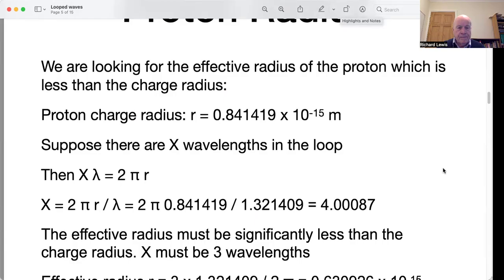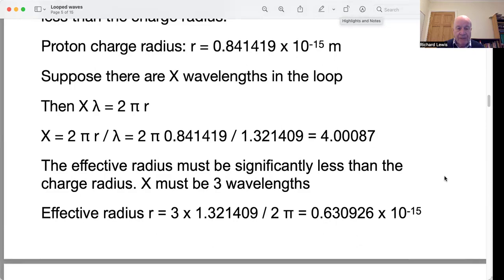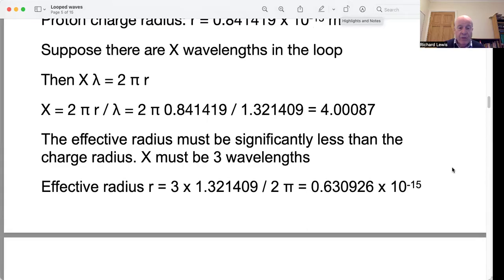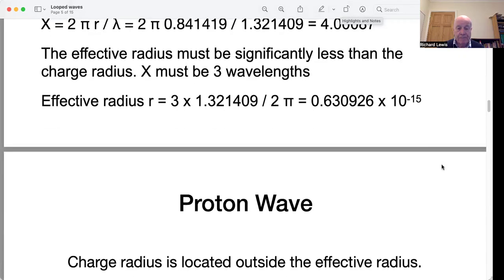So then, if there are x wavelengths in the loop, x times lambda gives the perimeter of the loop. So that's equal to 2 pi r. And from that, we can calculate x, which is very slightly over 4. But because we want an effective radius to be significantly less than the charge radius, we must have 3 wavelengths. And from that, we then get an effective radius of 0.630926 times 10 to the minus 15.